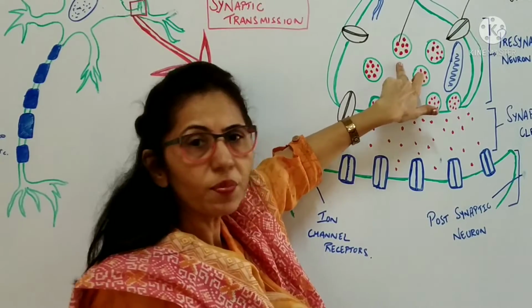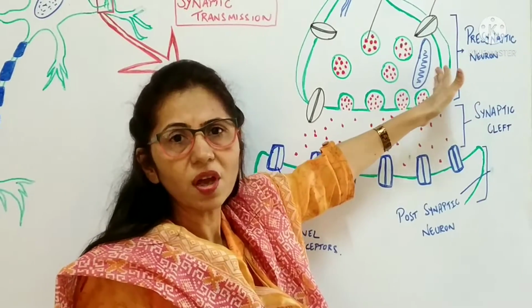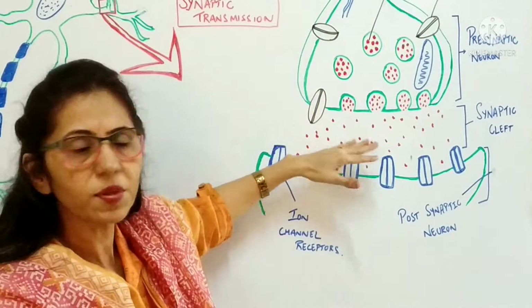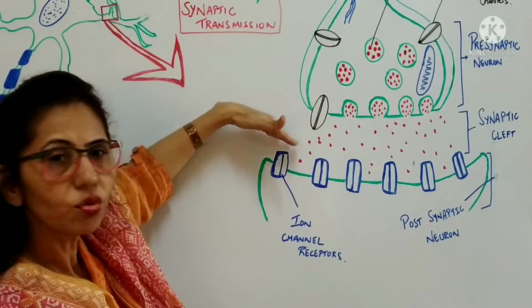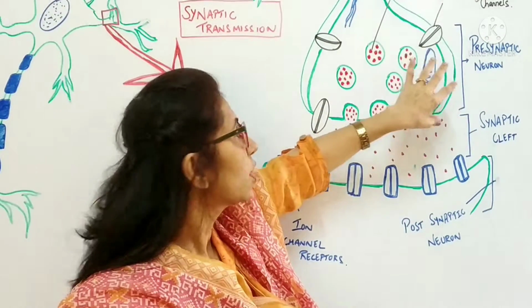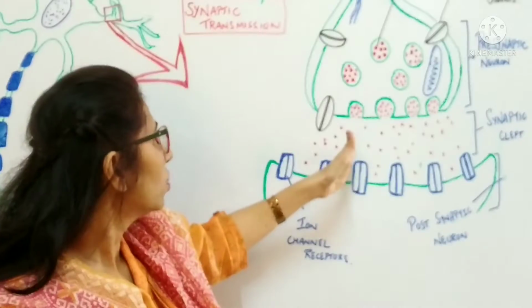Apart from the vesicles, another structure which you need to draw is the mitochondria, which supplies ATP, because these vesicles are going to release the neurotransmitter into the part between the two neurons, which is called the synaptic cleft. So we require ATP, provided by the mitochondria, to release the neurotransmitter from the vesicles into the cleft.